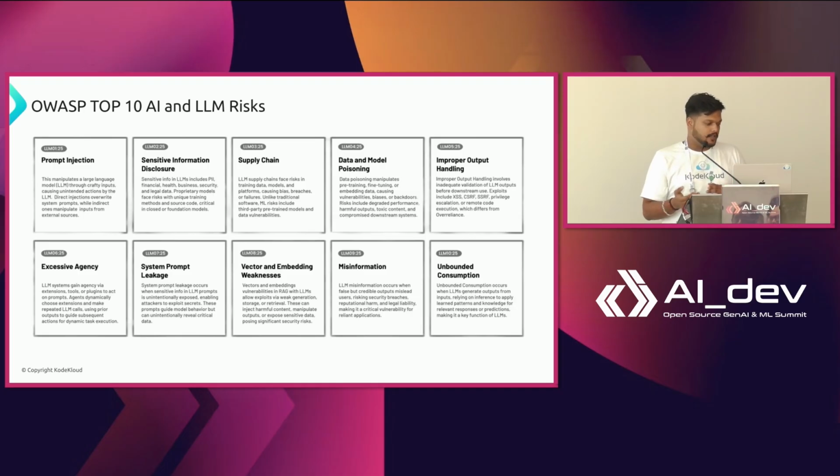Things include prompt injection, sensitive information disclosure, data poisoning. We'll see a few of them in the demo itself, where I'll be showing you how I am jailbreaking the LLM model. So I'm not going deep into this part. You can find this list widely available on Google, so you can look it up or take pictures to understand more about them. All right.